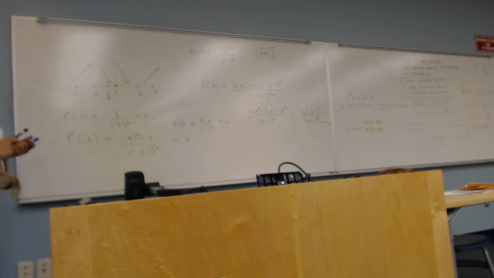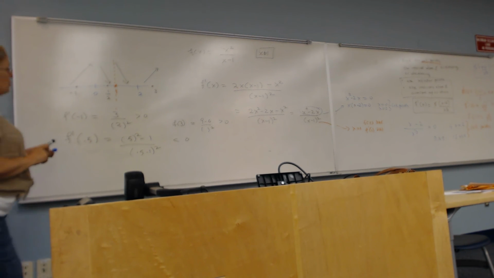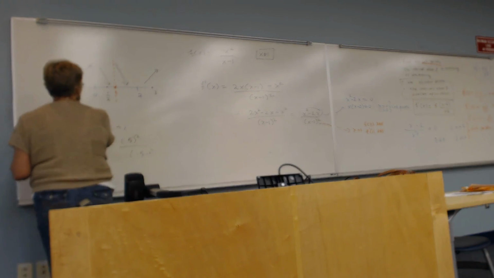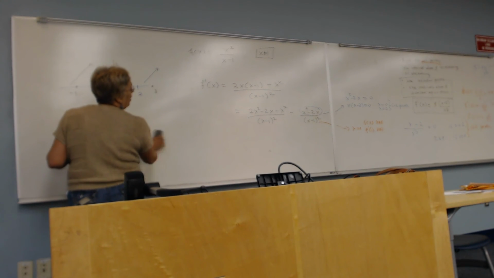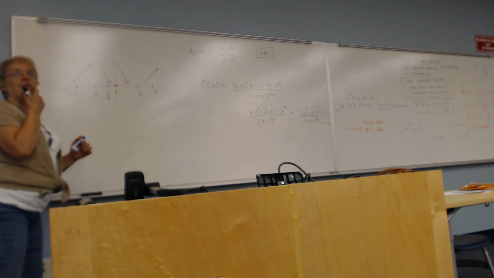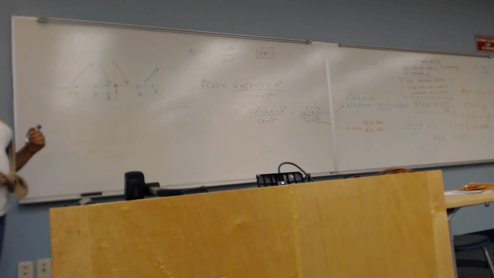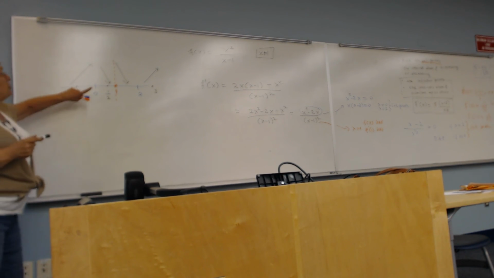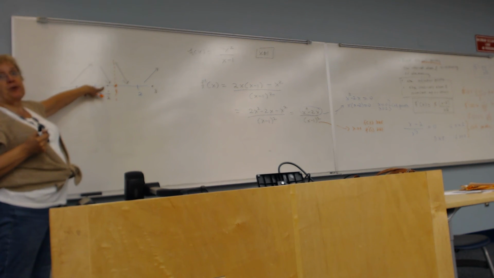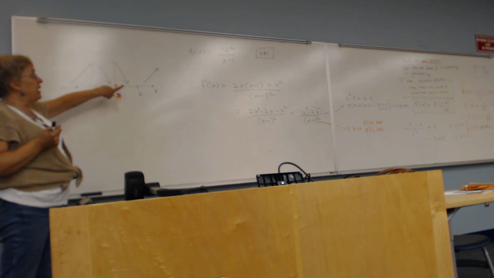Now let's sketch the graph of this function. Do you assume that it's decreasing on the right side of the asymptote? Yes, because I plugged in the test point and it gave me a negative value.